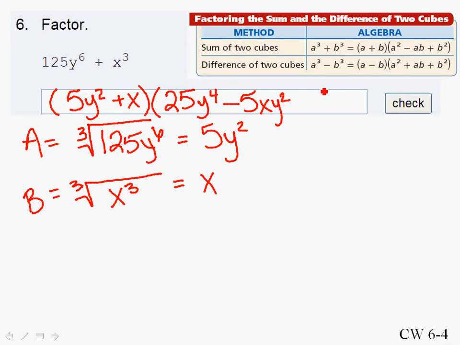Notice I wrote the variables in alphabetical order. My last term would be b squared, so plus x squared. So my final answer is 5y squared plus x times 25y to the fourth minus 5xy squared plus x squared.